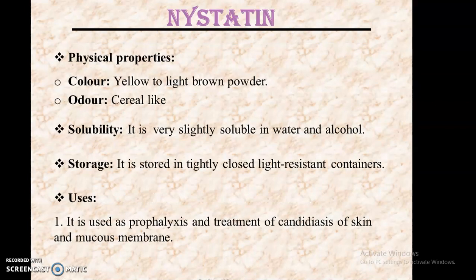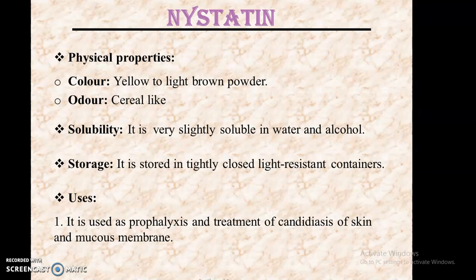Now, Nystatin. Nystatin is a yellow to light brown powder and it has a cereal-like odor. It is very slightly soluble in water and alcohol. Storage condition for Nystatin is that it is stored in tightly closed, light resistant containers.